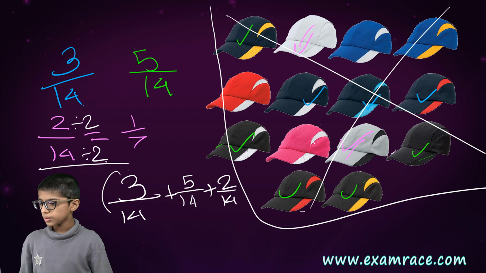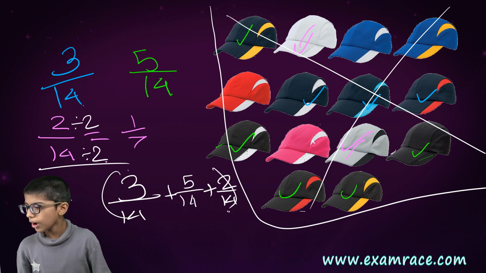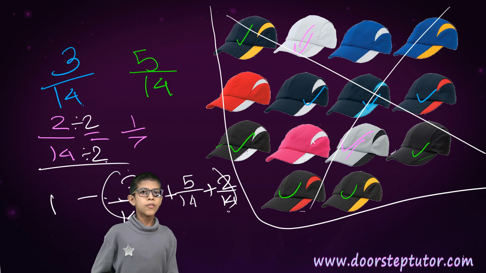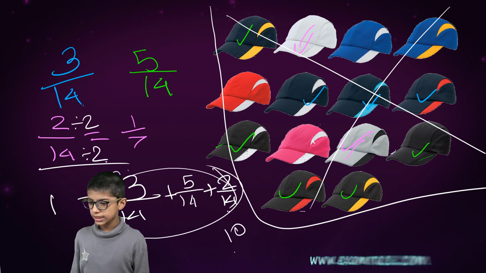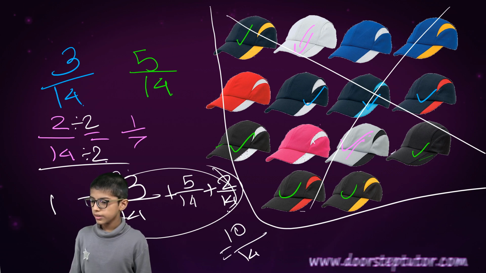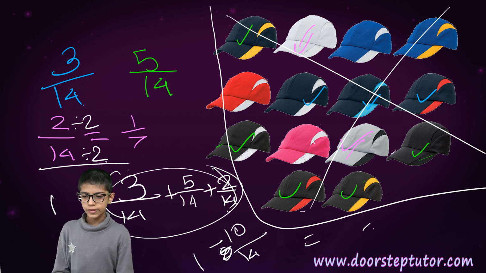These are the parts which have a significant color. Now, we will subtract this from 1. What do we get when we add this? 10 by 14. Now, 1 minus 10 by 14 which is 4 by 14.